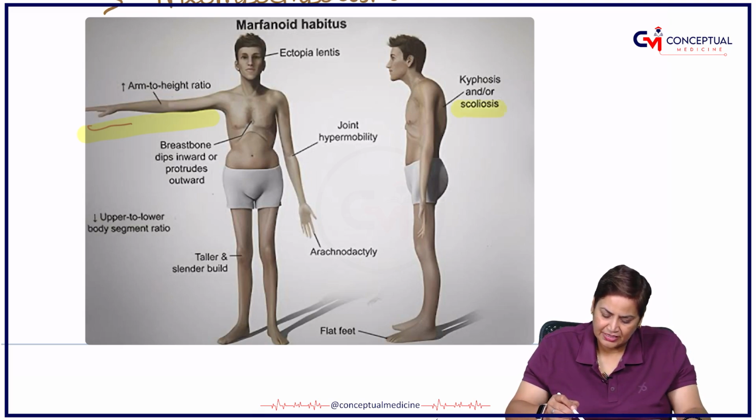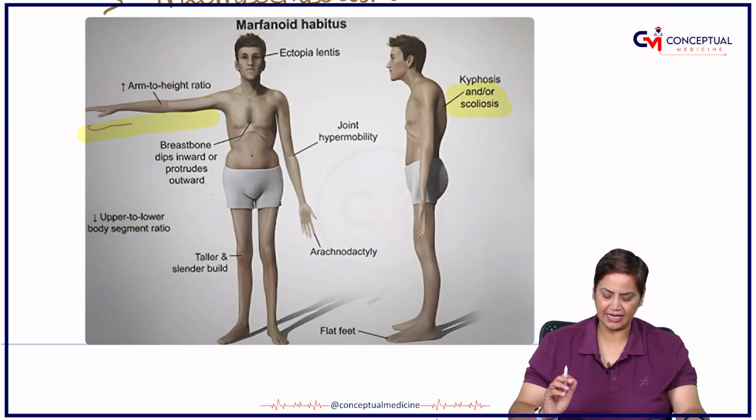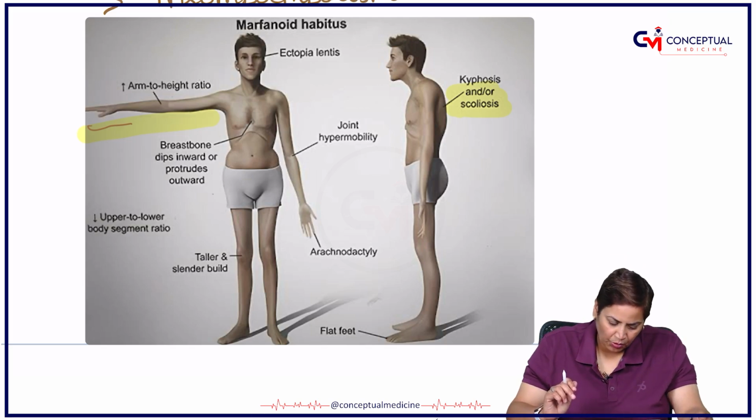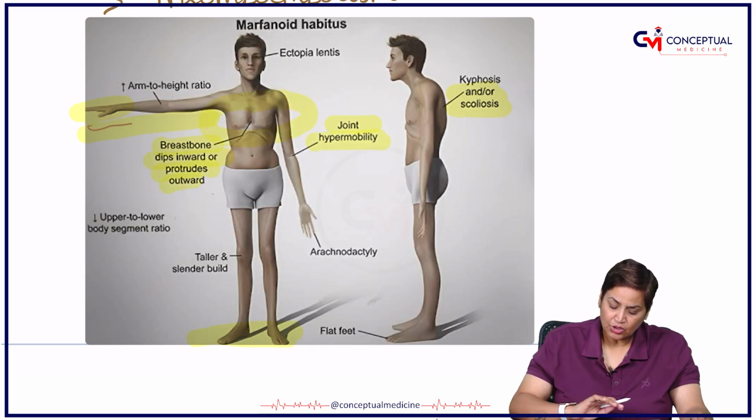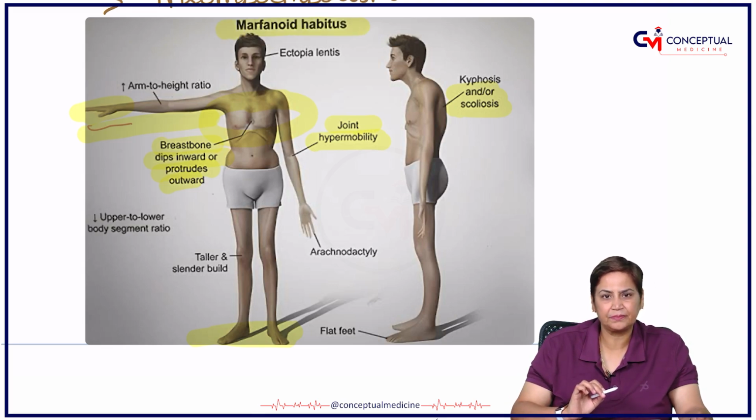And you can see scoliosis, because he becomes conscious and his posture changes. If you see the toes, the fingers, and joint hypermobility is there. Then the breastbone dips inward or protrudes outward, you can see that also. So, totally this is known as marfanoid habitus. Very, very important, which is a characteristic feature of only and only homocystinuria.